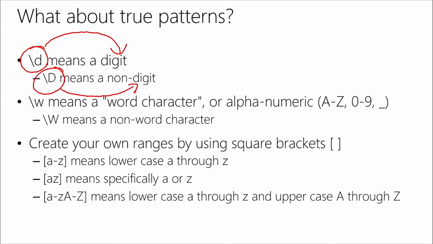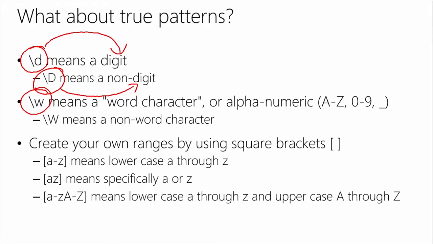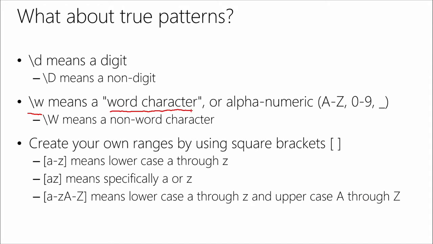One common pattern throughout regular expressions is that the lowercase letter means whatever it's referring to, and the capital letter means the opposite. So a lowercase d means digit, capital D means non-digit. And if we keep on going, lowercase w means a word character, capital W means a non-word character. W is a word character, which means an alphanumeric and an underscore.